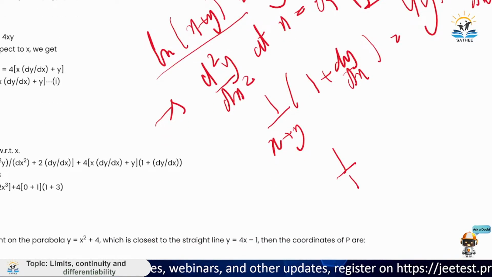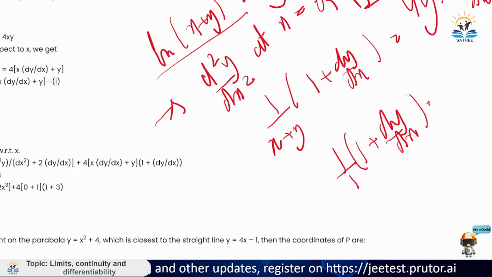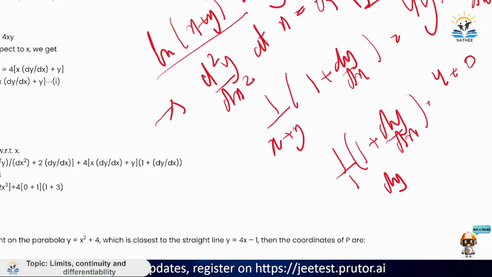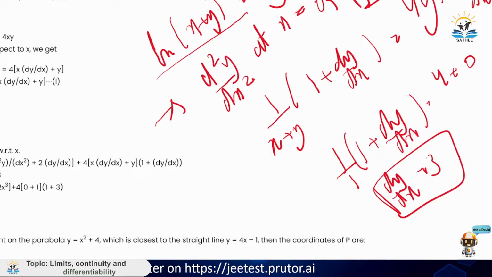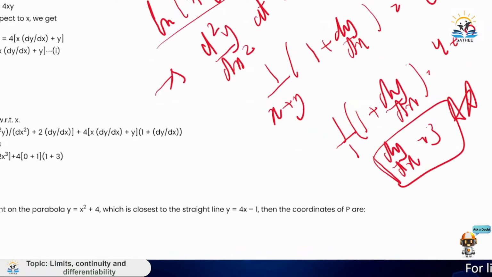First we'll have to calculate the value of y, right? At x is equal to 0, what we get is ln of y is equal to 0, so y is equal to 1. Now putting these two values here to get dy by dx at x is equal to 0: 1 upon (1 plus dy by dx) is equal to 4 plus 0, so dy by dx turns out to be 3. Both values that we calculated are important: dy by dx at x is equal to 0 is 3 and y at x equal to 0 is 1. Okay, so now again let's differentiate.